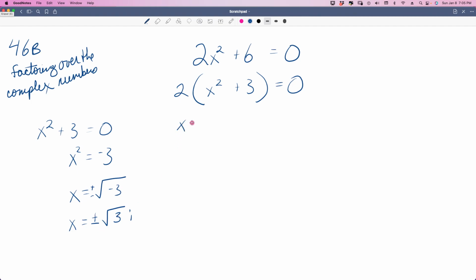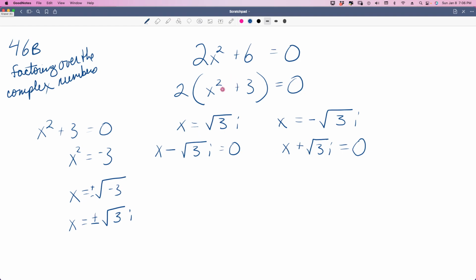So we would have x is equal to the positive square root of 3i, and then x is equal to the negative square root of 3i. So now we're going to subtract and add to both sides. So we end up with x minus square root of 3i is equal to 0, and x plus square root of 3i is equal to 0. So now we have this factored.